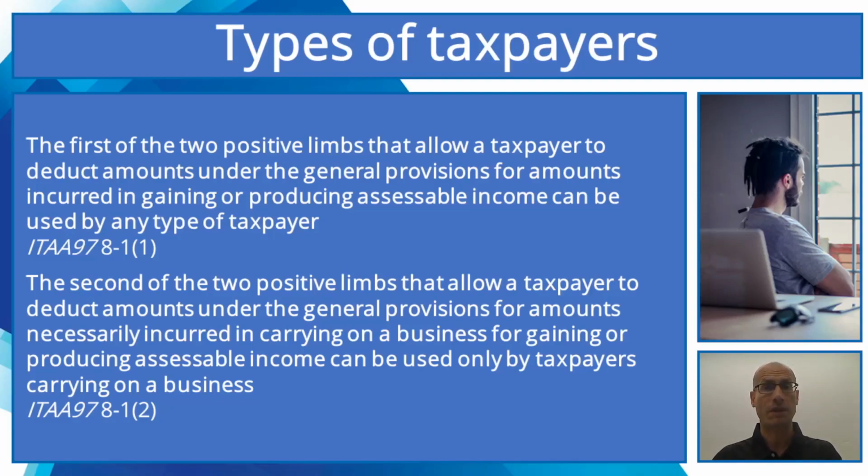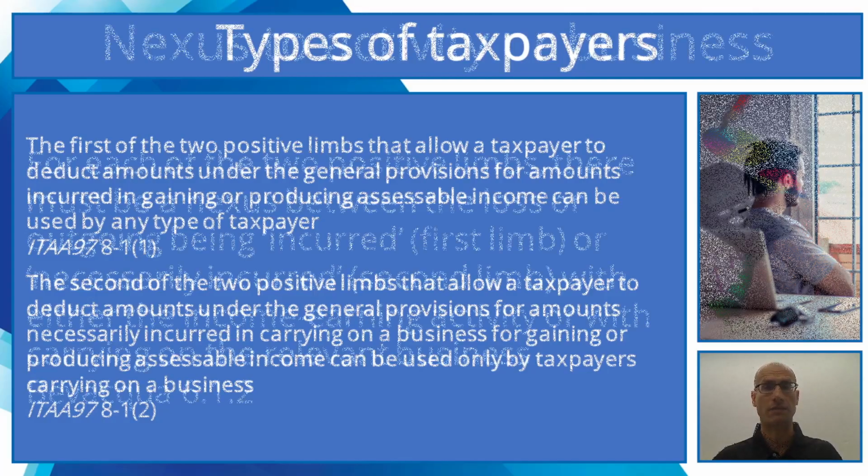The first limb is for where income and expenditure has some form of direct connection in regards to those two things.